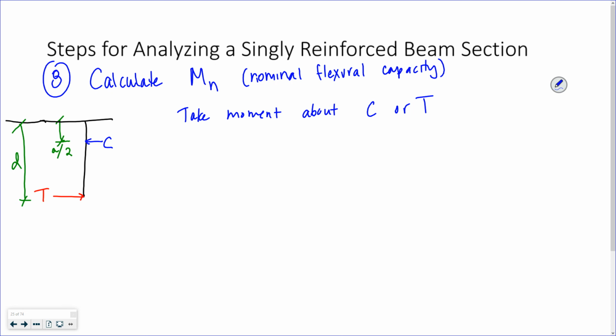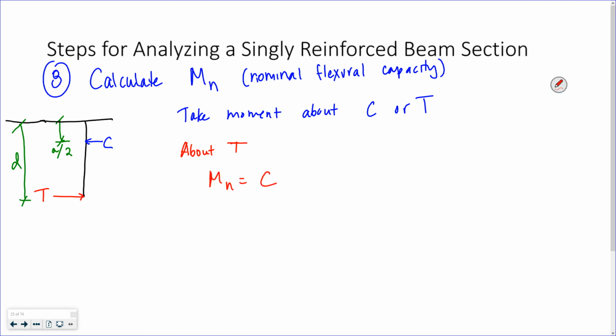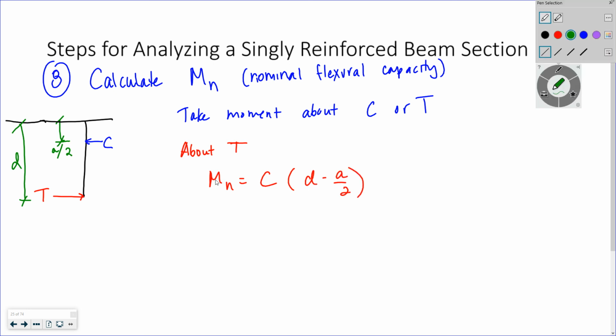So if I take the moment about T, my Mn is C times the distance D minus A over 2. Right, this is D minus A over 2, that's the moment arm.